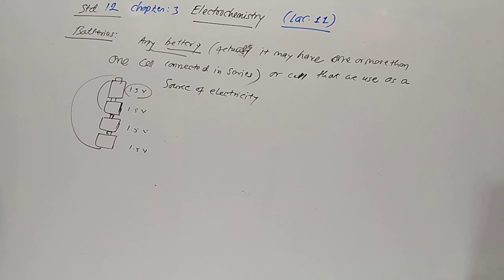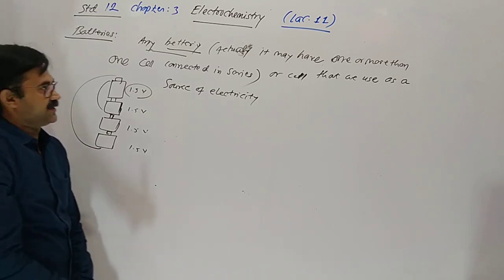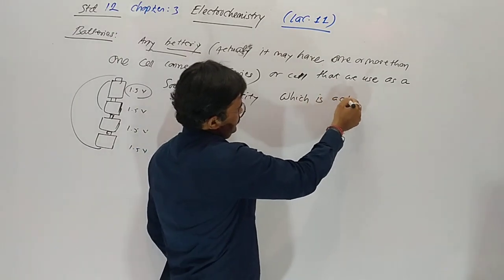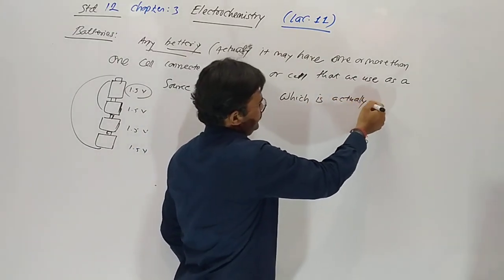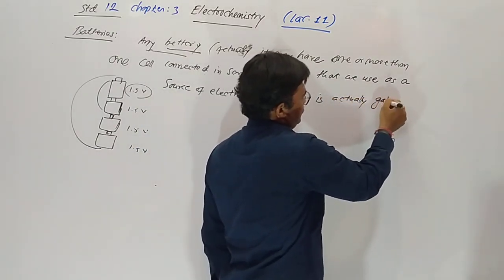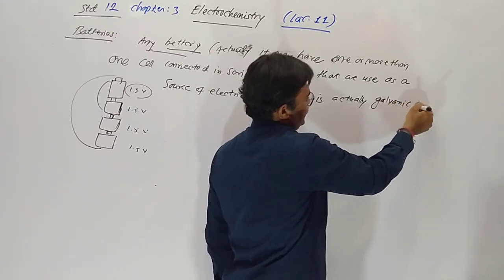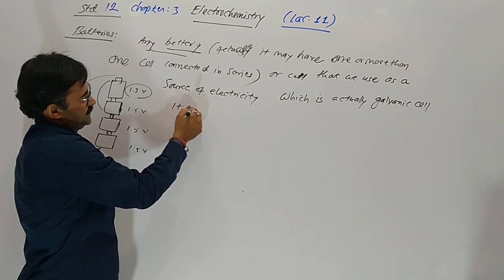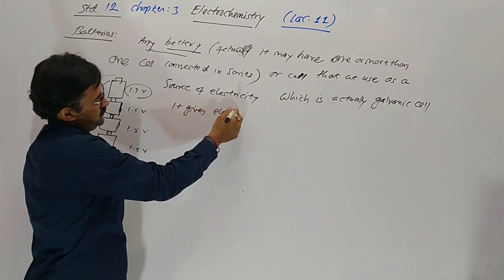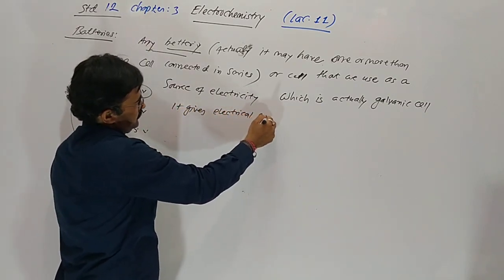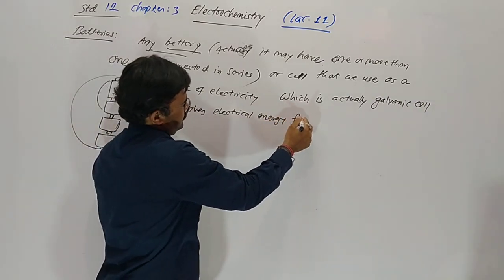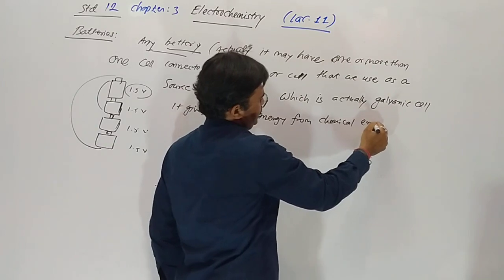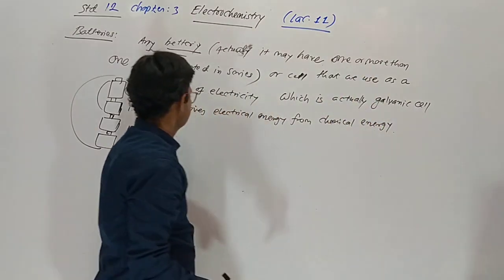Which is actually a galvanic cell. Why? It gives electrical energy from chemical energy.